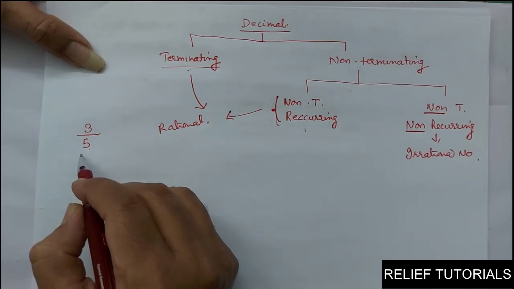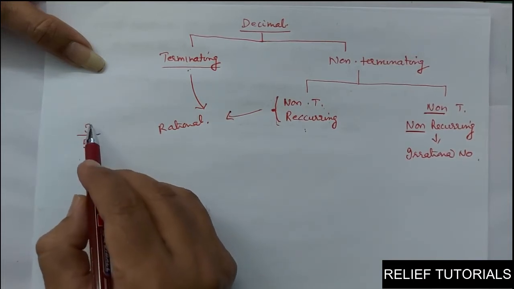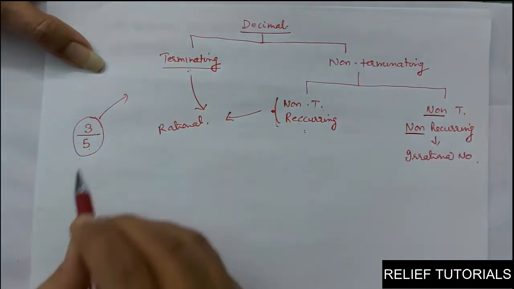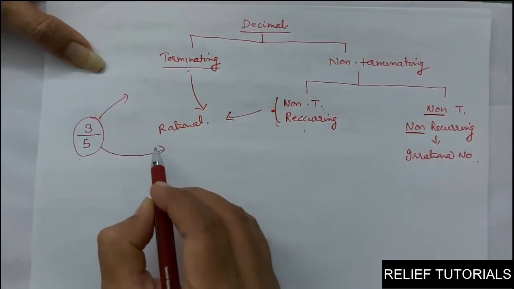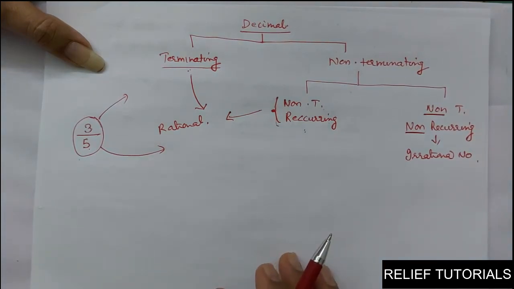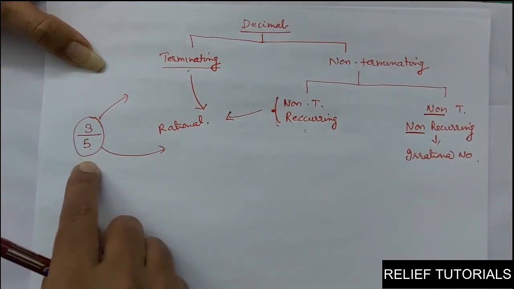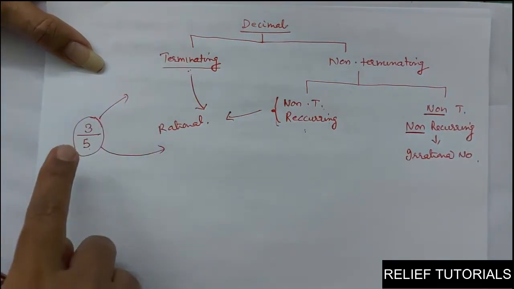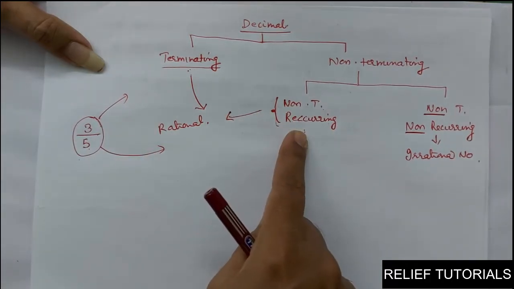But think in the opposite way. If I give you a decimal expansion, you know it is a rational number. But can you tell which rational expression has a terminating decimal and which has a non-terminating recurring decimal? Just by looking at the p by q form, you should be able to answer.